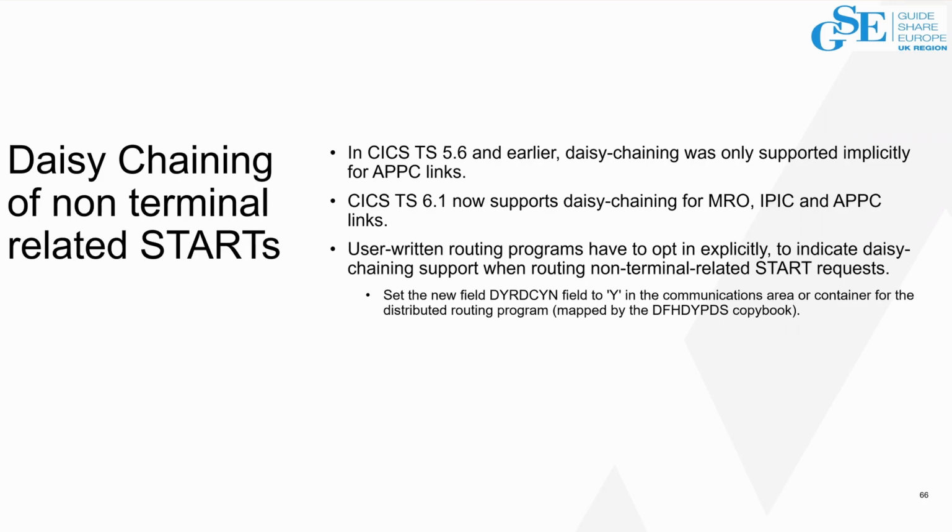And so we put some new capability in. This is a customer who had their own routing program. So you have to explicitly turn on this capability via a new field in the COMMAREA for the distributed routing program. And if you do that, you will now get consistent behavior across MRO, IPIC, and APPC.